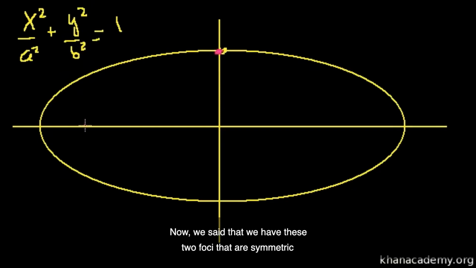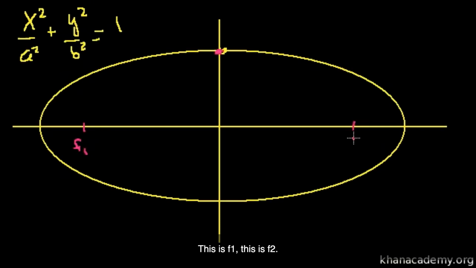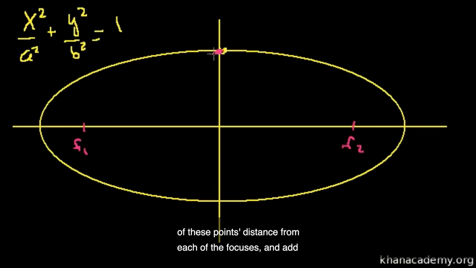Now we said that we have these two foci that are symmetric around the center of the ellipse, right? This is F1, this is F2. And we've already said that an ellipse is the locus of all points, or the set of all points, that if you take each of these points' distance from each of the focuses and add them up, you get a constant number. And we figured out that constant number is 2a.